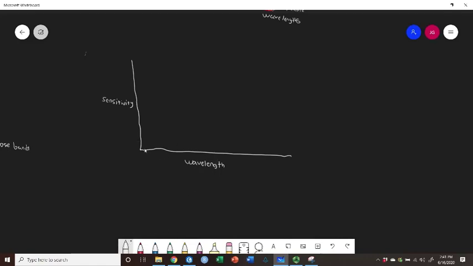And so on the one hand, you have panchromatic. We're going to start this off at 400 nanometers, and we're going to end it over here at 700 nanometers. So on the one hand, you might have something that looks like this. This would be panchromatic.